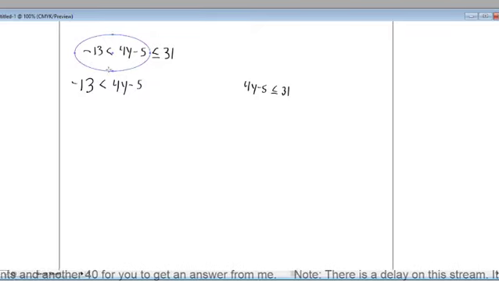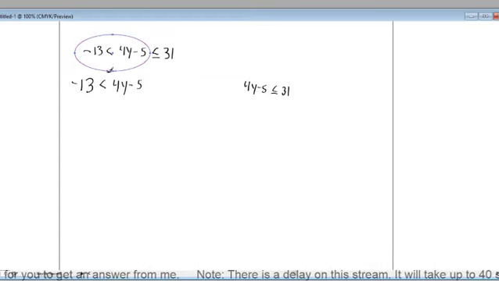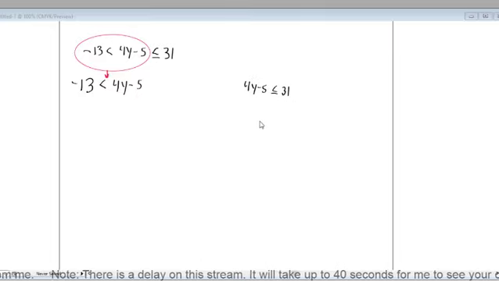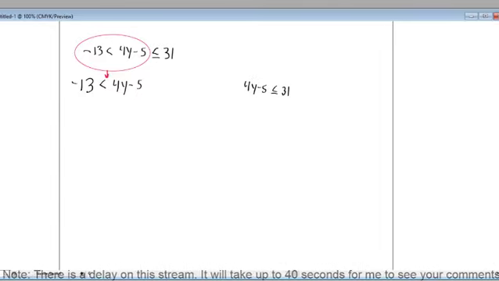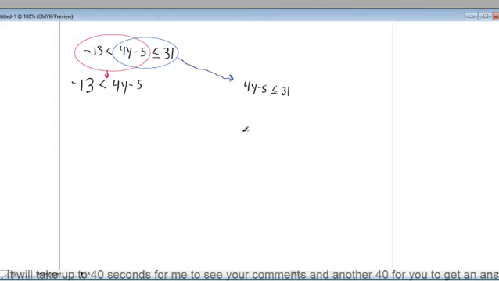Okay, so this one went here, and then this one went here. Just to hopefully clear that up. And now we solve each of these separately.